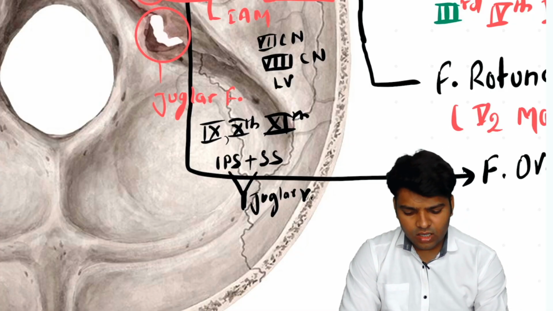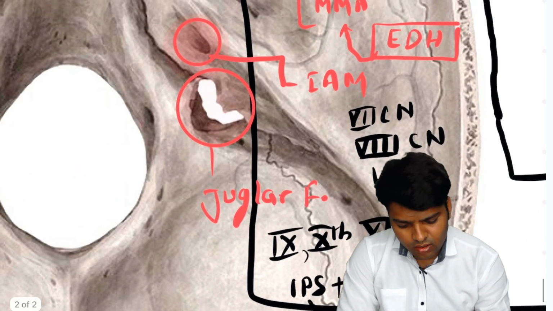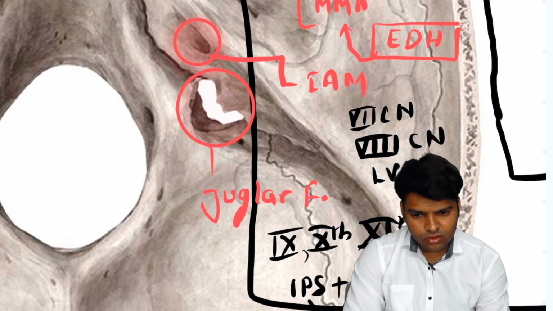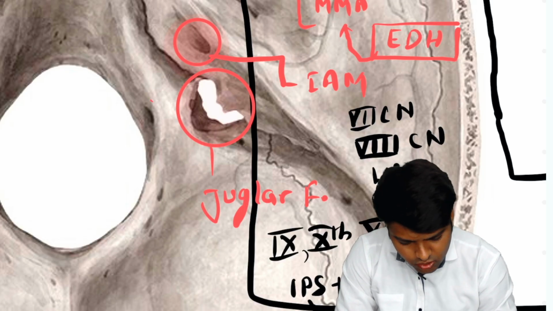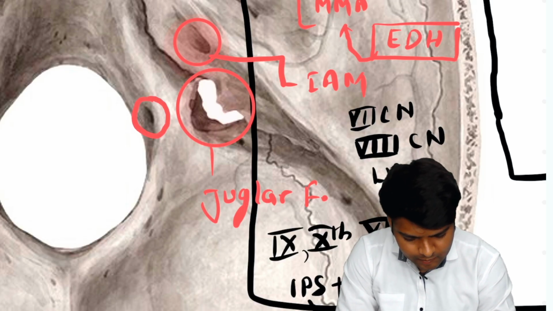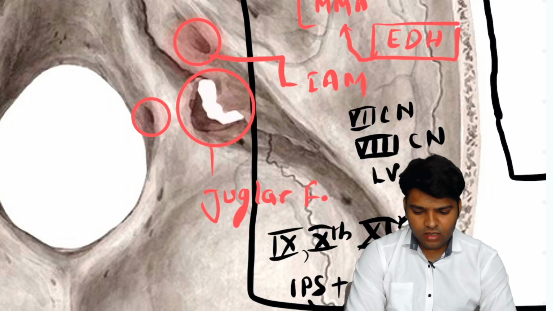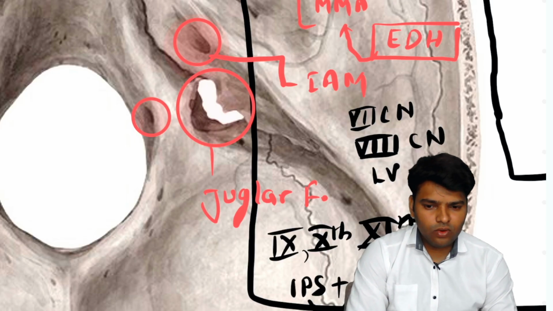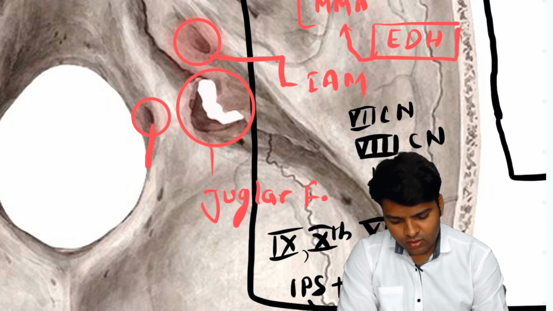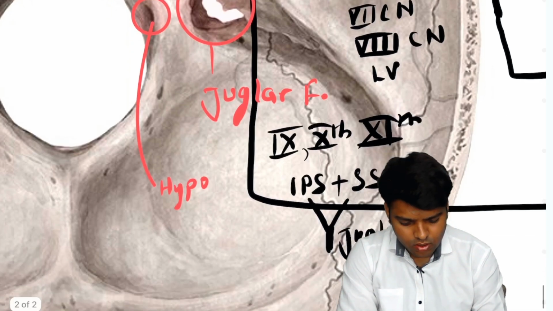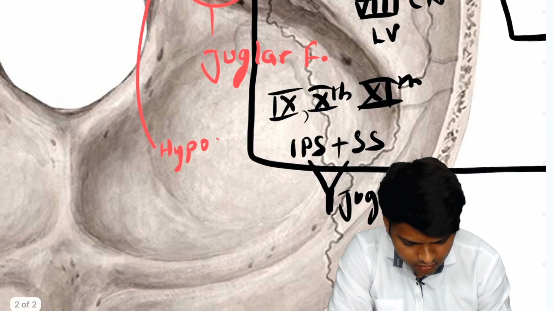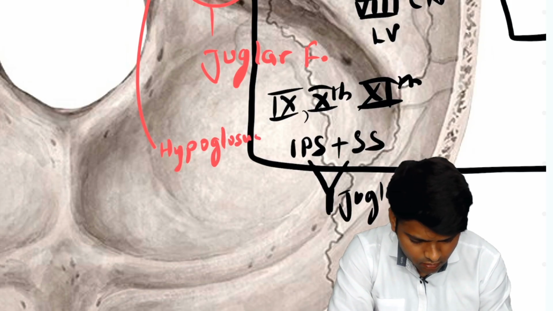I think here, just at the edge of the foramen magnum, you are able to see this new opening, which is called the hypoglossal canal.